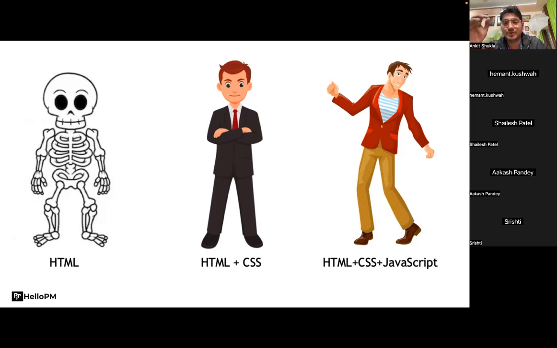And the third part is if you want to interact with the website, if you want to click some buttons, if you want some information to be sent to the server when something happens, or if you want the website to do anything apart from being just an informational website, then you have to take help of JavaScript. So HTML is the structure, CSS is the skin, while JavaScript is the brain of HTML pages.